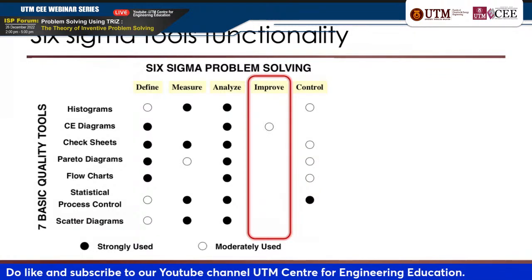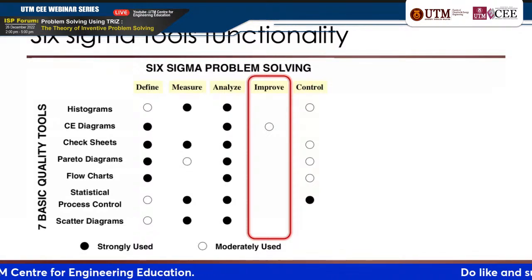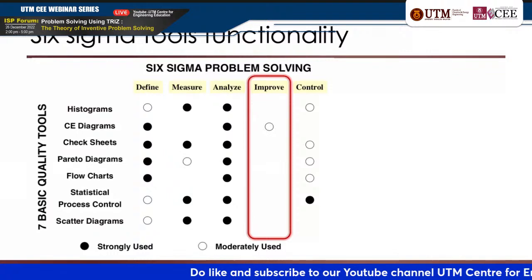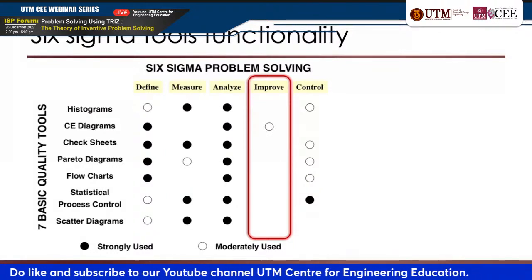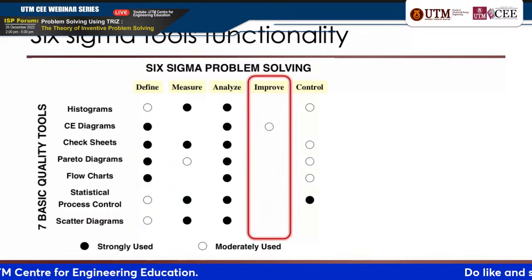Having this Six Sigma tool gives us a framework to solve problems: define, measure, analyze, improve, and control. Each process of problem solving is equipped with a special check sheet.